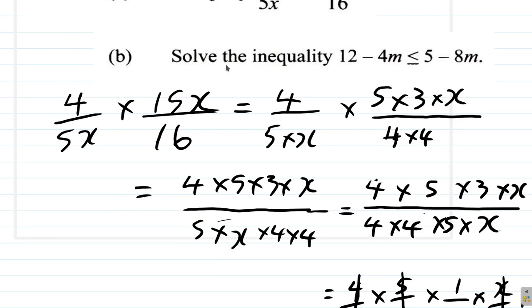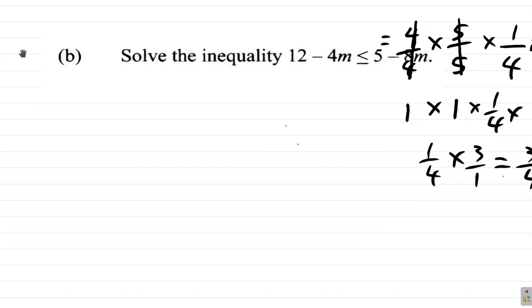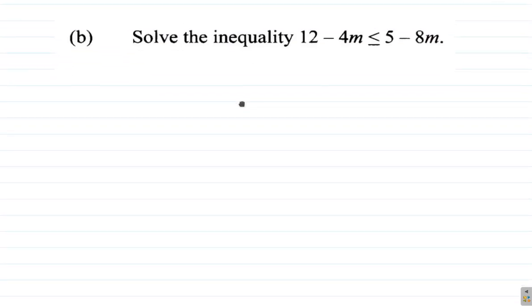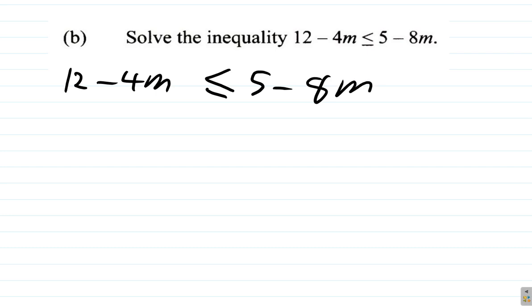Now, we look at the inequality that we want to solve here. Now here, part B, we have 12 minus 4m is less than or equal to 5 minus 8m.